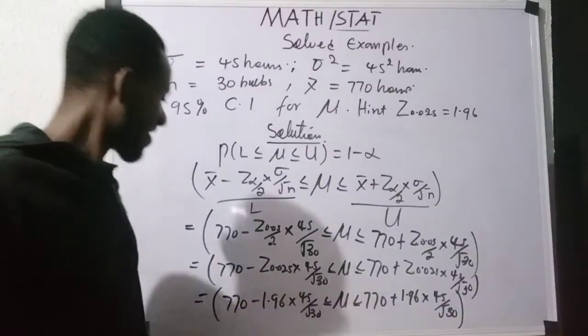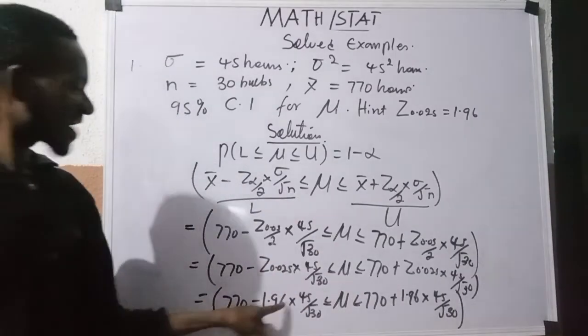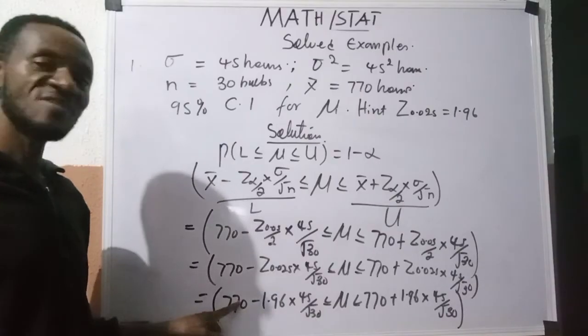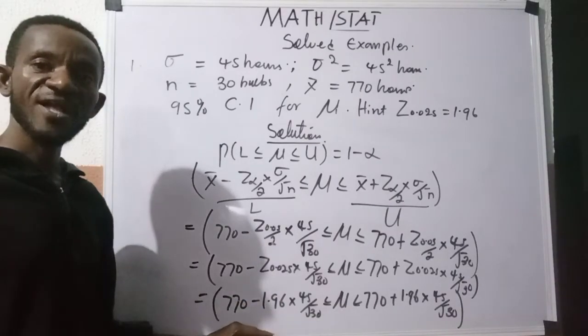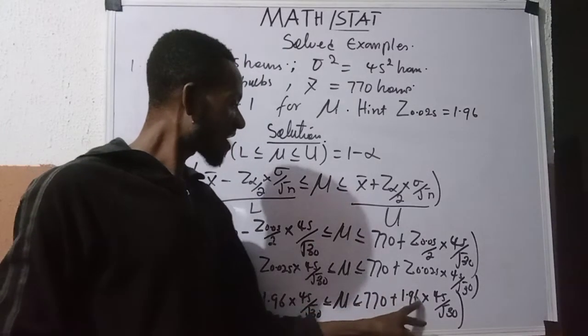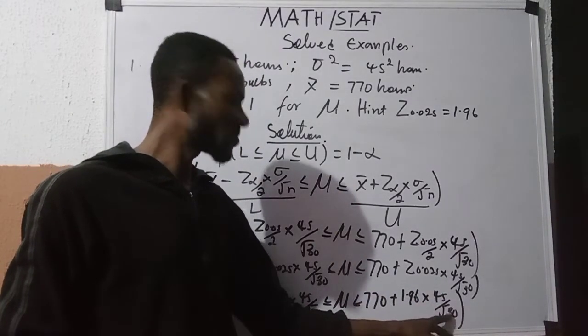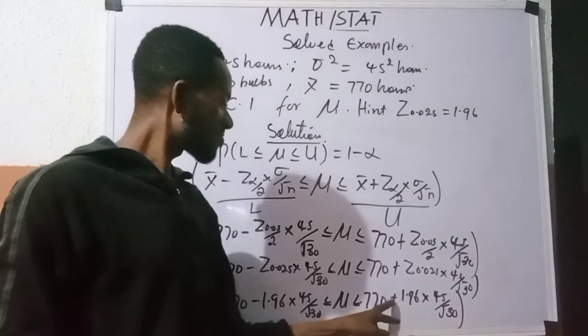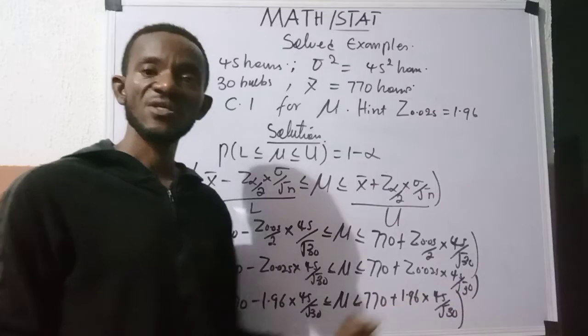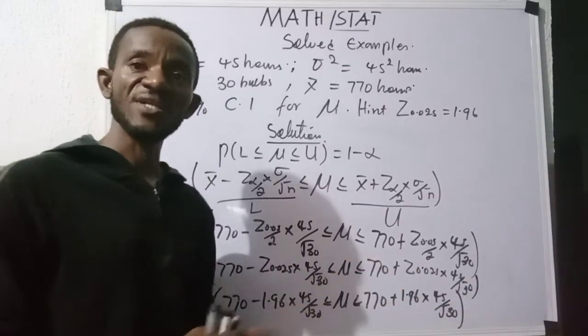So once you use your calculator and you say 1.96 times 45 divided by root 30, minus it from 770, you get your lower confidence limit. Once you now do for yourself 1.96 multiplied by 45 all over root 30 plus 770, you get the upper confidence limit.